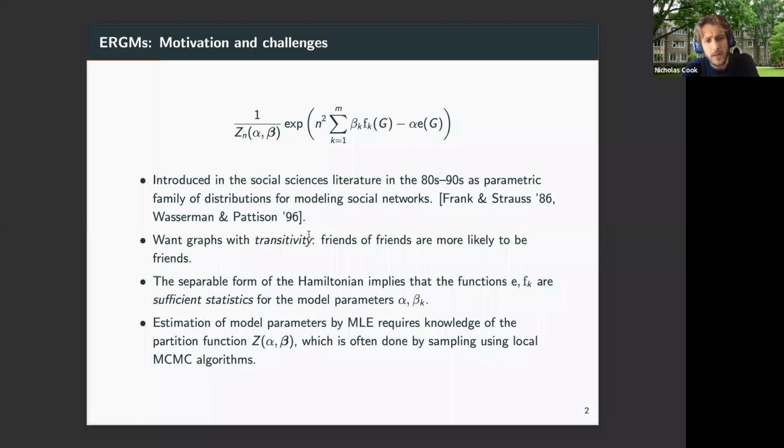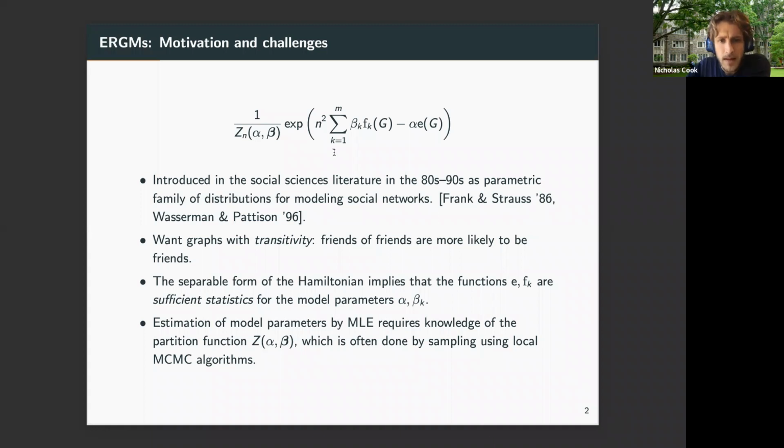This is not something that you get with the Erdős-Rényi graph, but it's natural to guess that if you do something like the edge triangle model, taking a positive beta parameter multiplying the triangle density, tilting the distribution to favor more triangles, then it's reasonable to expect that you might start to see some amount of transitivity in the graph.